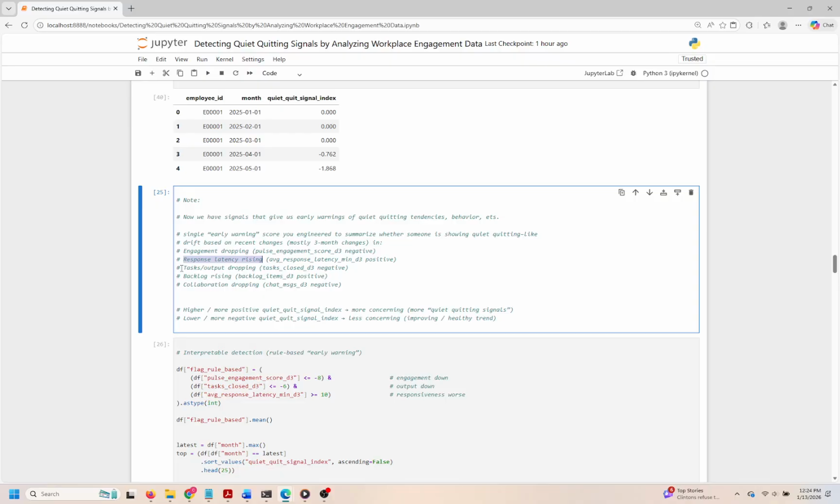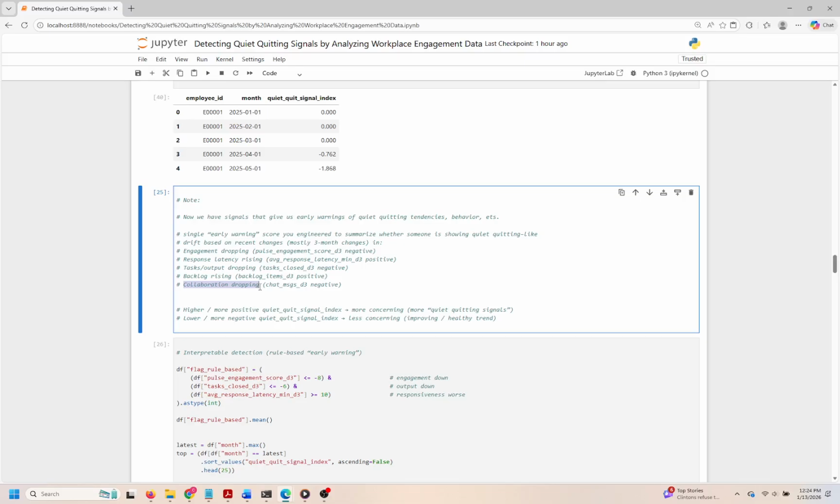Additionally, we analyze the volume of completed tasks and any rise in backlog items. A decline in tasks completed and more items piling up can further highlight problems in productivity and motivation. We also consider collaboration patterns, specifically through the frequency of chat messages. A decrease in communication can signal isolation or lack of teamwork, both indicative of quiet quitting tendencies.